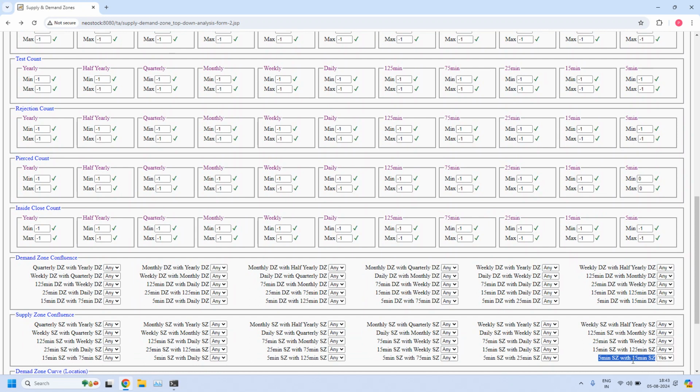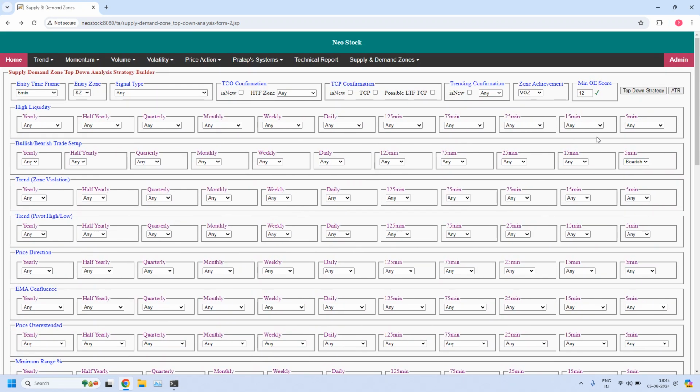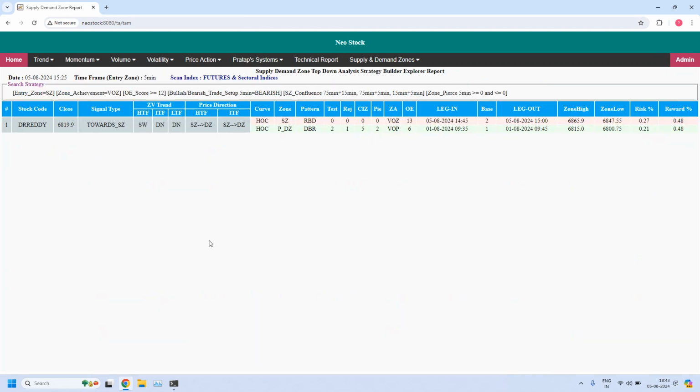I already enabled LTF and ITF. Now I am adding 5 minutes supply zone with 75 minutes supply zone, that is LTF and HTF confluence. Next 15 minutes supply zone with 75 minutes supply zone, it is ITF and HTF confluence. All the three, LTF, ITF, HTF confluence. Only one stock, Dr. Reddy, is having confluence in the supply zone.